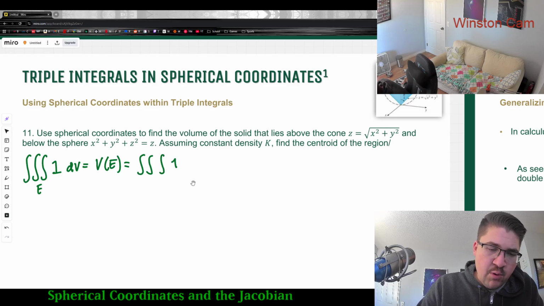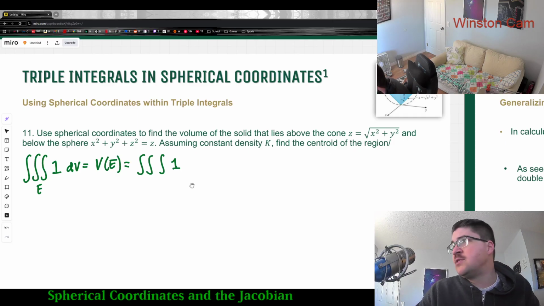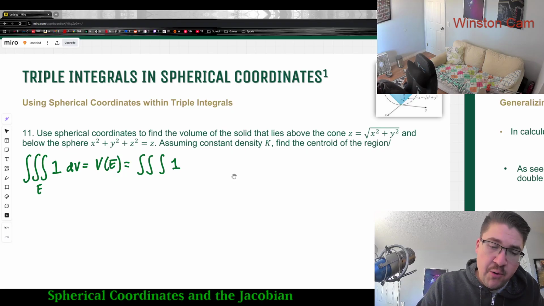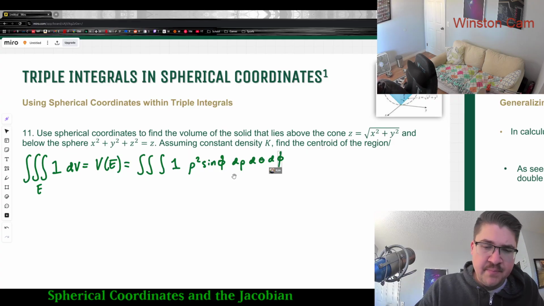What's nice is, again, 1 will just be 1. We don't need to worry about changing 1 because that doesn't change. But dV will need to be translated into terms of rho, theta, and phi. So again, with our Jacobian, we have rho squared sine phi multiplied by d rho, d theta, d phi.